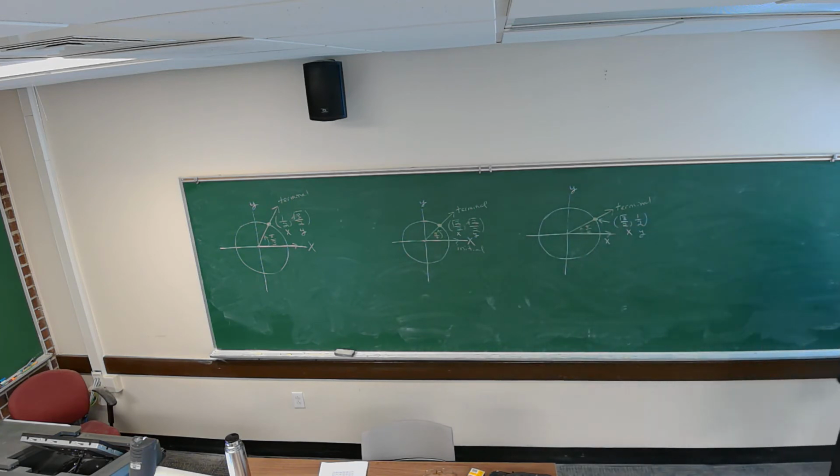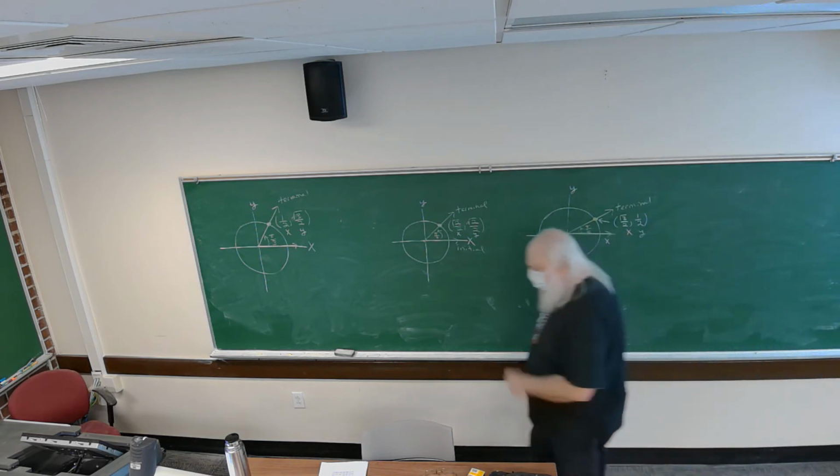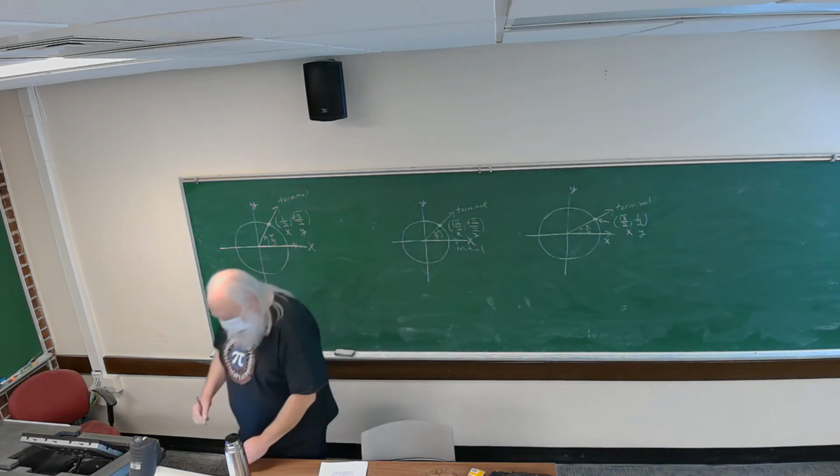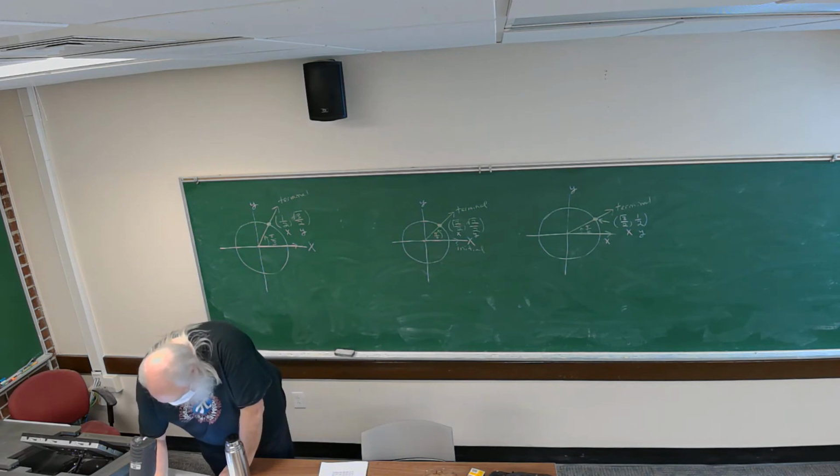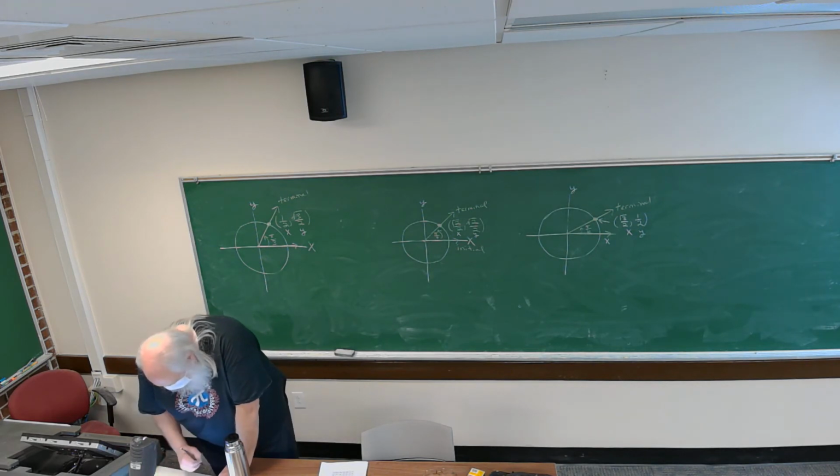In the second example, here's the angle t, and the terminal side here makes an acute angle between it and the negative x-axis here. So that's our acute angle in that example.